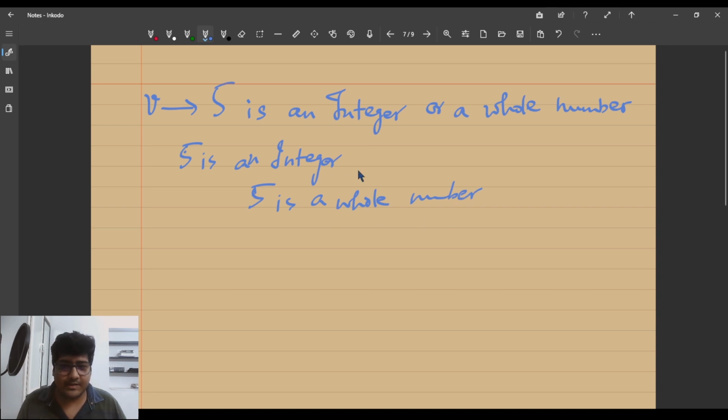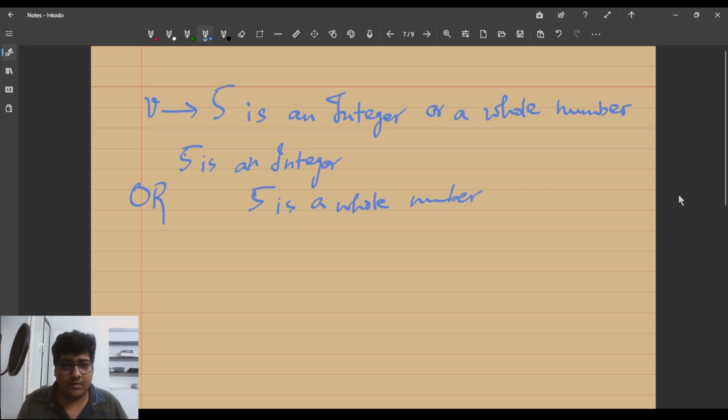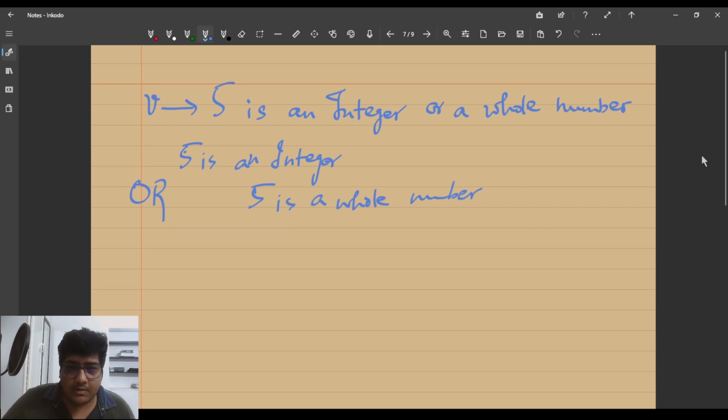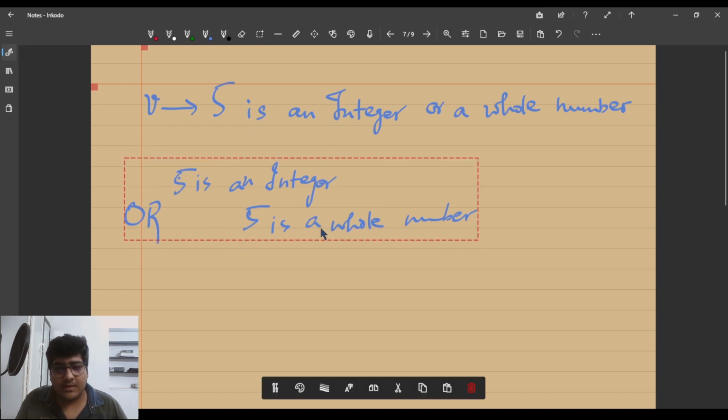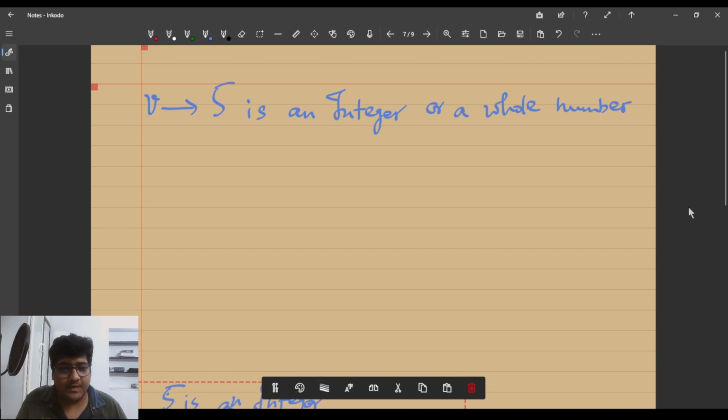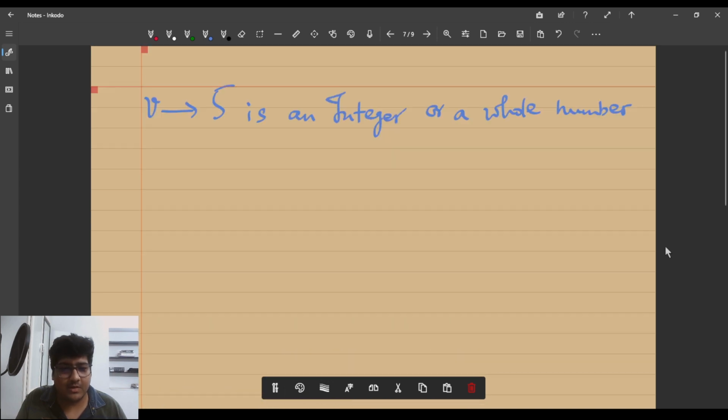And these two sentences have been linked together with something called OR. So for this whole sentence to be true, what should happen? First of all, let us see whether it's true or not. Let us forget about this for now, and let us just see whether the statement is true or not.